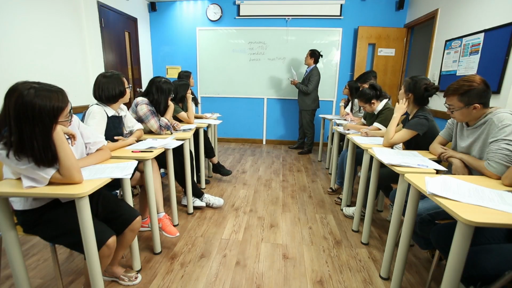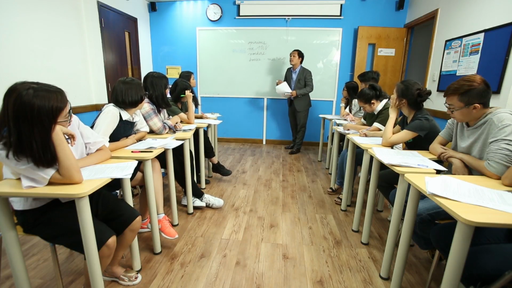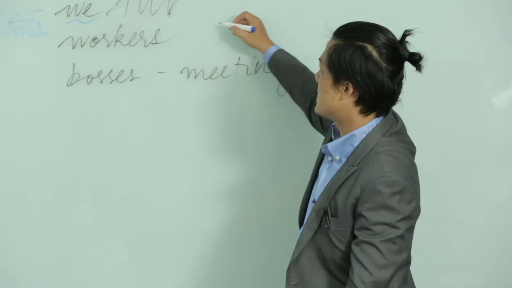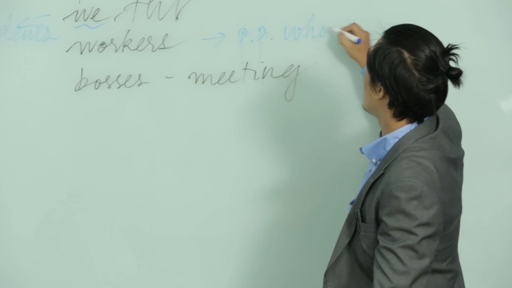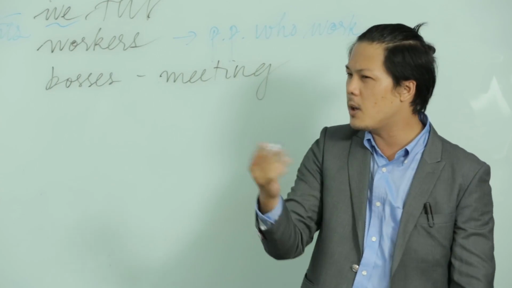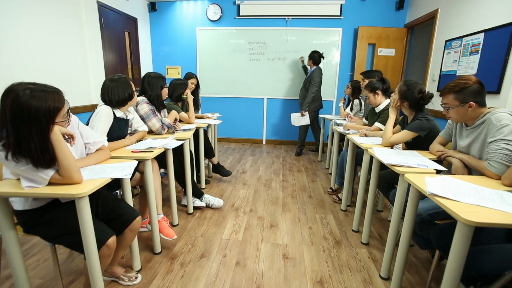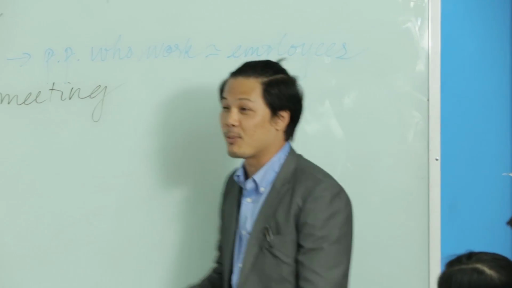Workers. Be careful. Workers only mean people who work in factories. So instead of that, you can say people who work. Or another word would be what, Nhi? Employee. Employees. There you go.